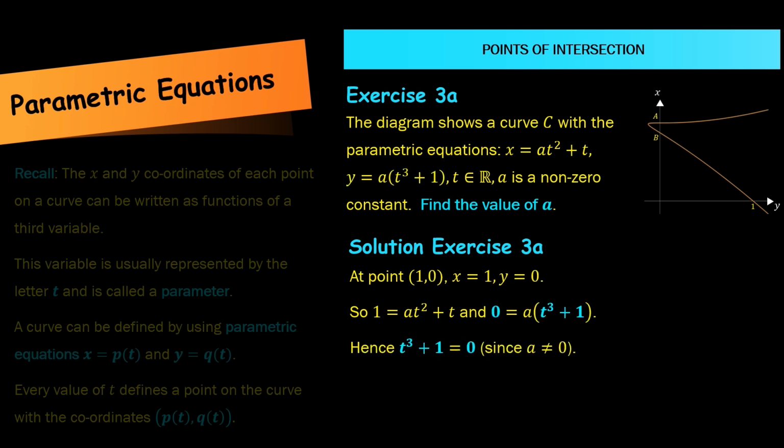Therefore, we have that t cubed plus 1 is equal to 0, since a is a non-zero constant, as shown. And therefore we have that t is equal to minus 1.